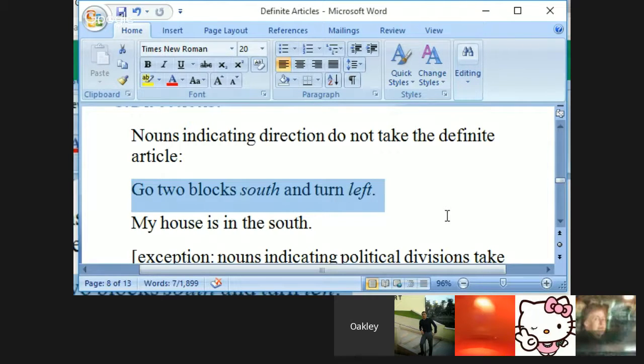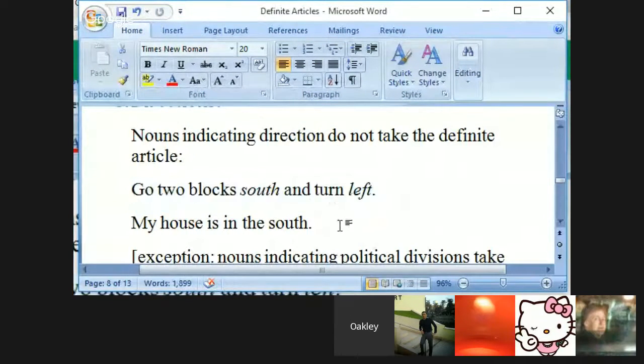Okay, go two blocks south, take a right. Oh, see, I use "a." Take a right, go two blocks. Go a block. So we do use "a," but we do not use "the."